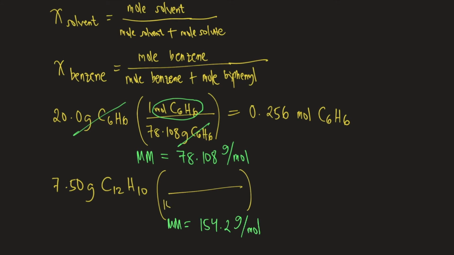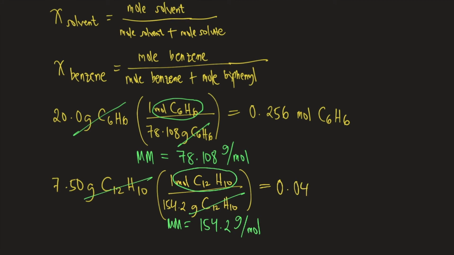So you put 154.2 grams of C12H10 below, and above you put 1 mole of C12H10. So grams of biphenyl will cancel. You can solve for the moles of biphenyl, and if you plug the numbers in your calculator, this is equal to 0.0486 moles of biphenyl, C12H10.